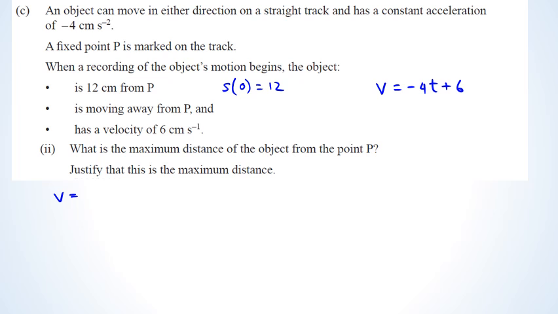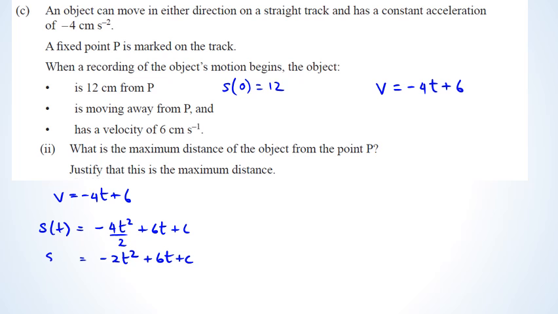So if the velocity equals negative 4t plus 6, then for s of t, which is the distance, I've got to integrate the function. If I integrate this, I get negative 4t squared over 2 plus 6t plus c. When I simplify this, I get negative 2t squared plus 6t plus c. Now remember that s of 0 equals 12.